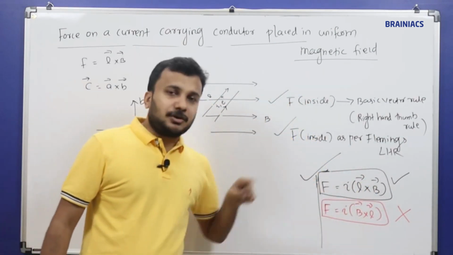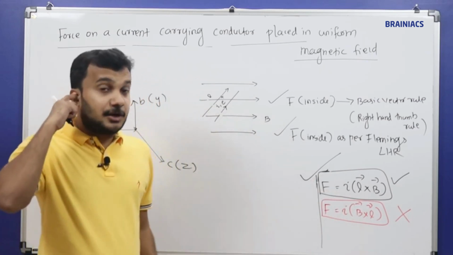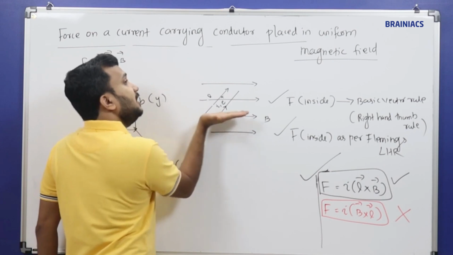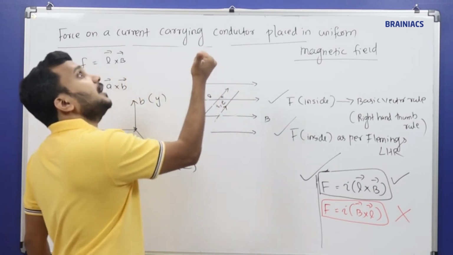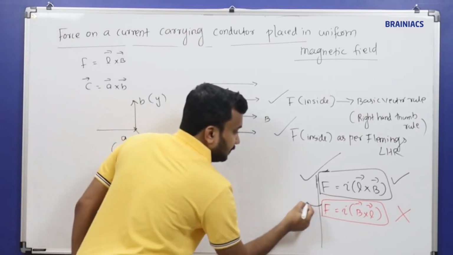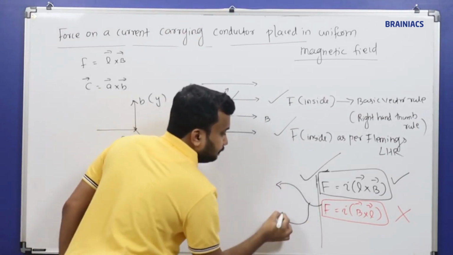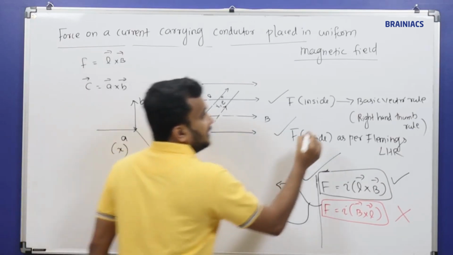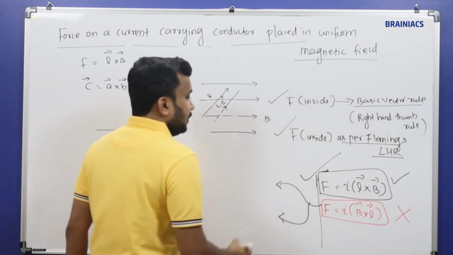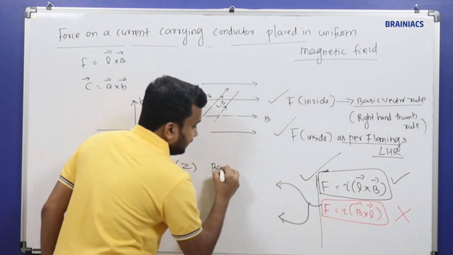But if you take B cross L, B is in this direction. So for B cross L, your thumb is coming outside. So there are two conditions here: one is the basic vector rule and one is Fleming's left hand rule.